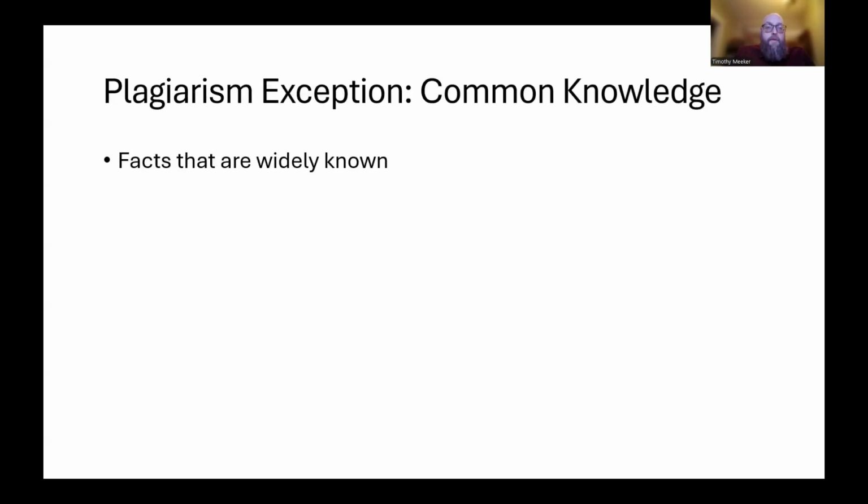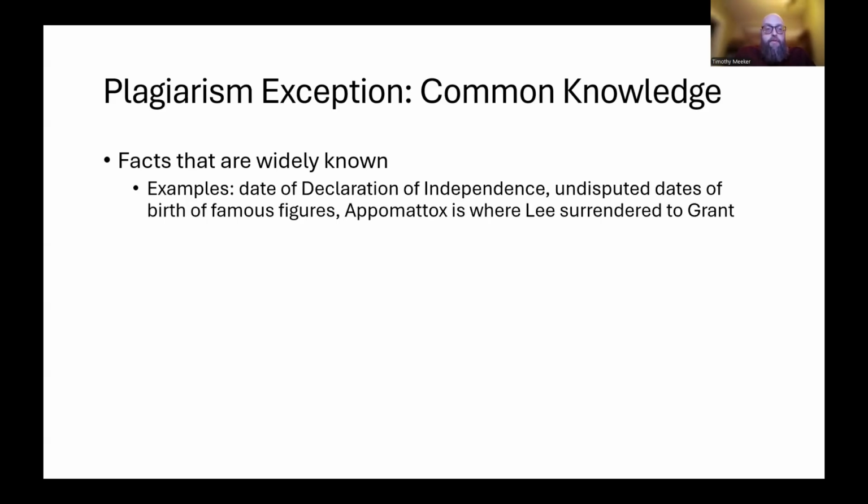So there's a plagiarism exception, and that's common knowledge. These are facts that are widely known. Examples of facts that are widely known in the United States would be the date the Declaration of Independence was signed, undisputed dates of birth of famous figures, the fact that Appomattox is where General Lee surrendered to General Grant in the Civil War.